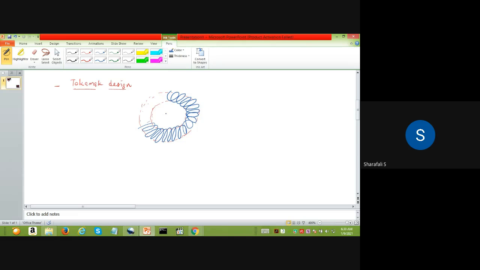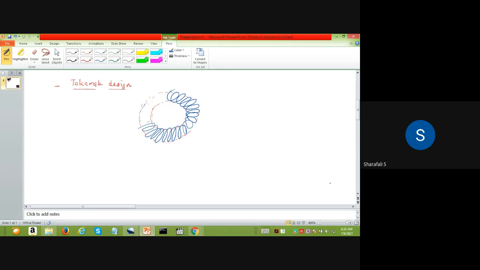So what happens when you apply some current through this coil? When there is current flowing through this coil, it will produce a magnetic field, and that magnetic field will be here, inside this coil. That magnetic field is called the toroidal field, because of this toroid kind of structure.